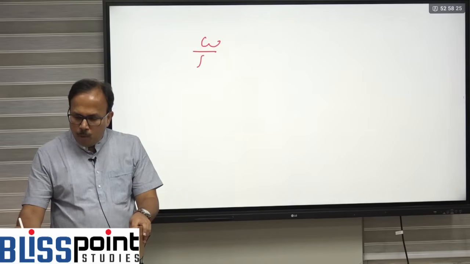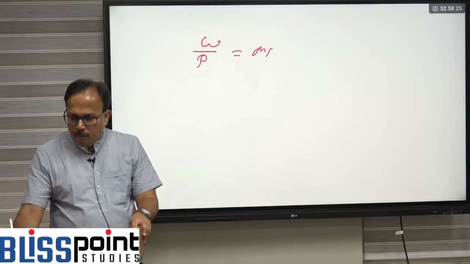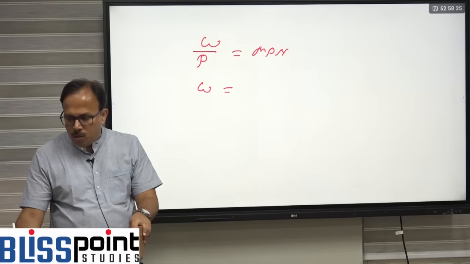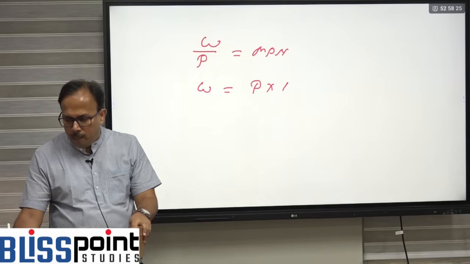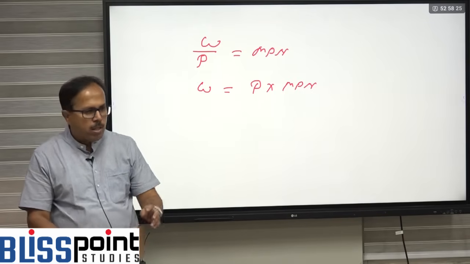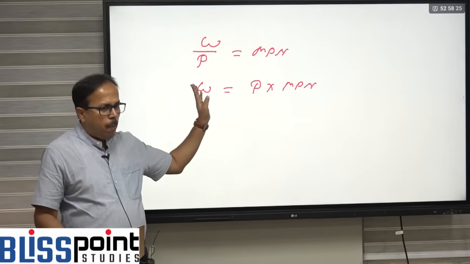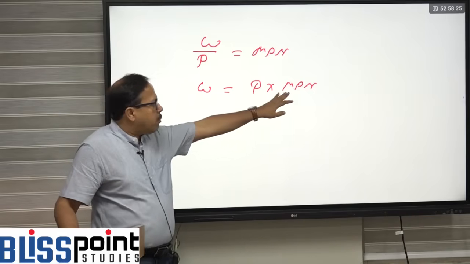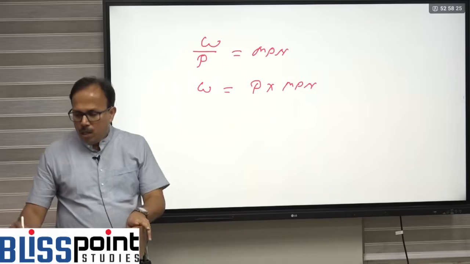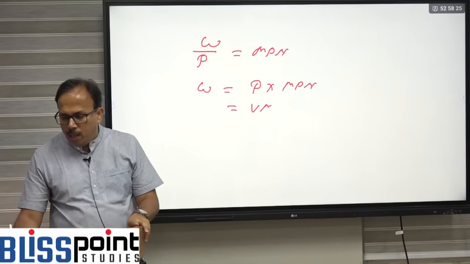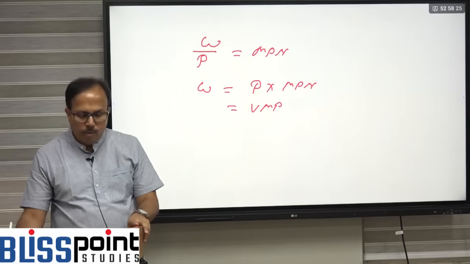तो W upon P को हमने equate किया with MPN. In case अगर कभी equation में लिखा हो इस format में P into MPN, same thing can be written in this way. When you multiply the marginal product with the price, then this becomes value of marginal product, which will be equal to wage.